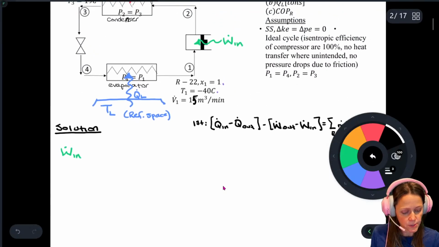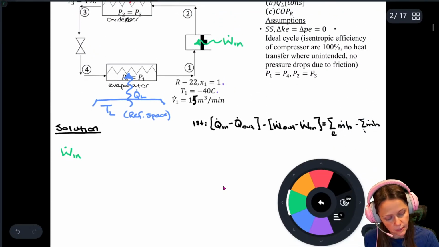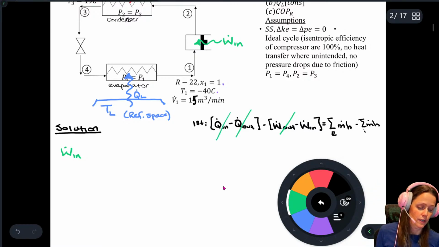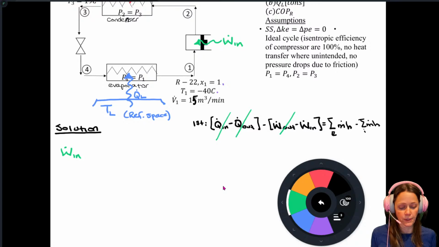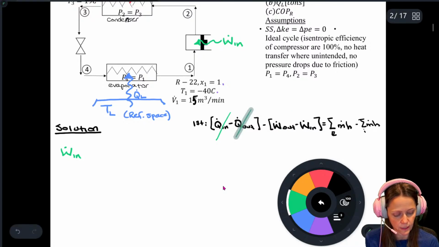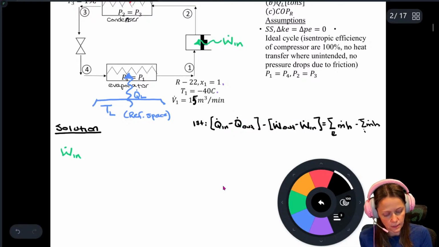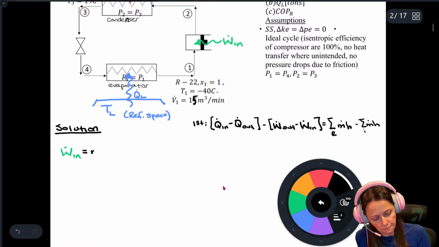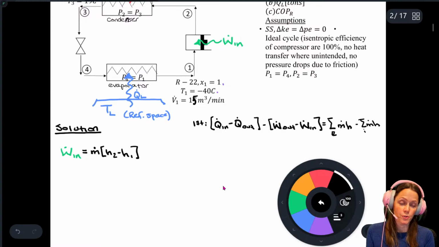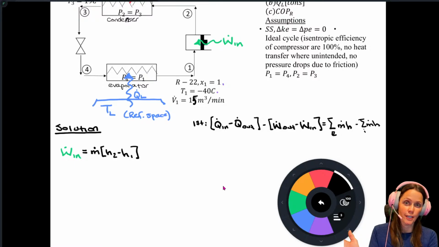So for my compressor, you can see that we cancel all this stuff out. I'll have W dot in equal to the stuff going out minus the stuff going in. So here, this is going to be m dot times h2 minus h1. And it's just one little loop, so we don't have split flows to keep track of. We don't have to pay attention to where mass flow rates change.